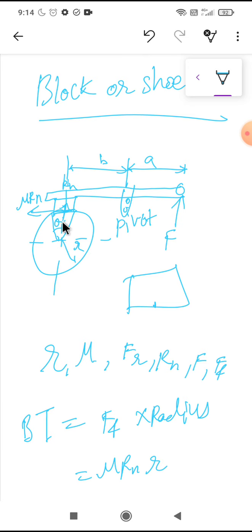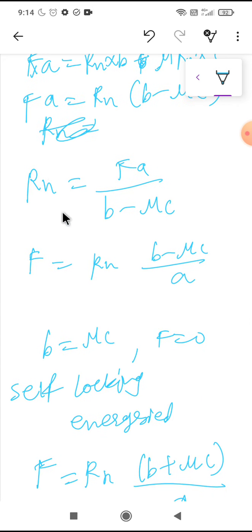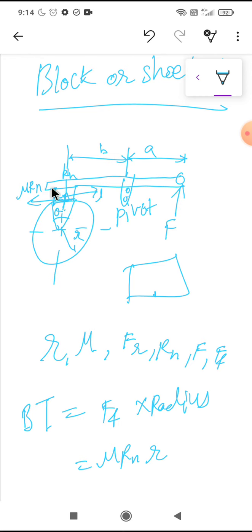If the drum is rotating counterclockwise, the friction force will be in this direction. Based on this, we have substituted various forces and found the reaction force and the lever force which has to be applied here. Here A, B, C are the distances.